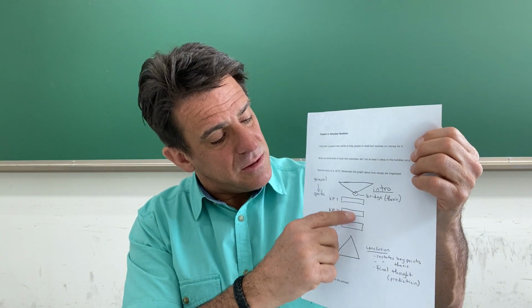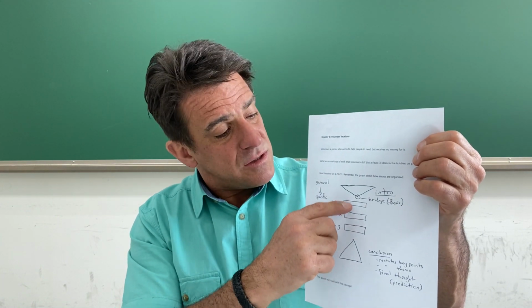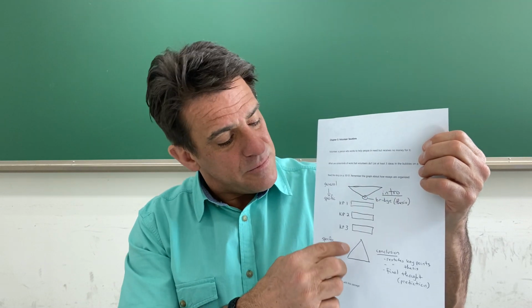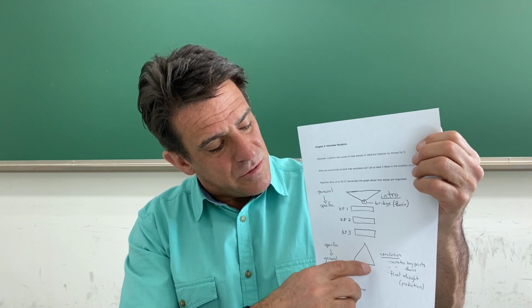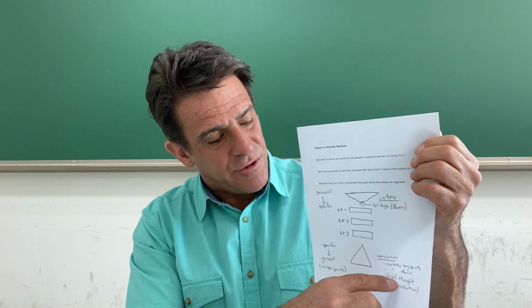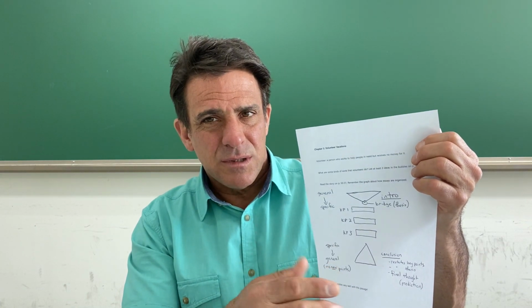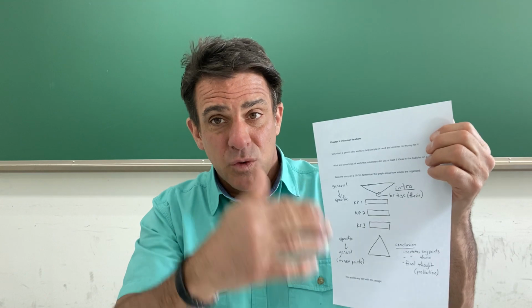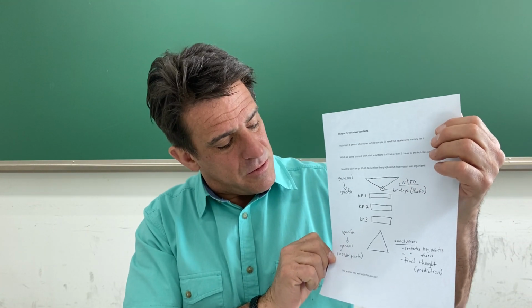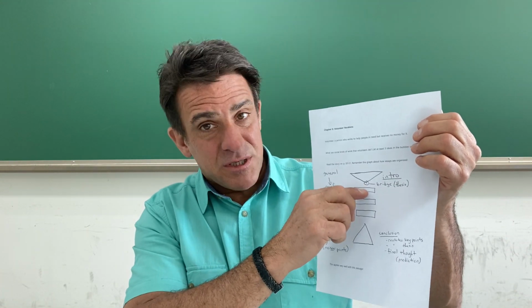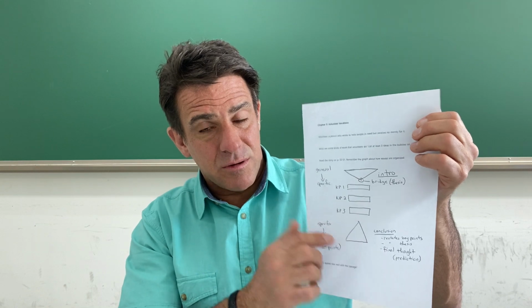Each key point is a main point of the passage, connecting to the bridge. Then you have your conclusion, restating the key points, and the final thought, a prediction. Okay? General to specific, specific to general.